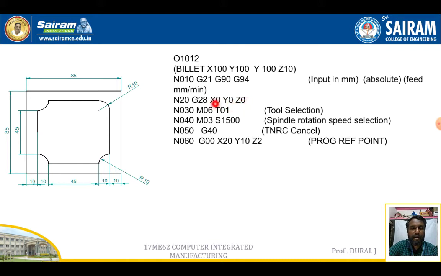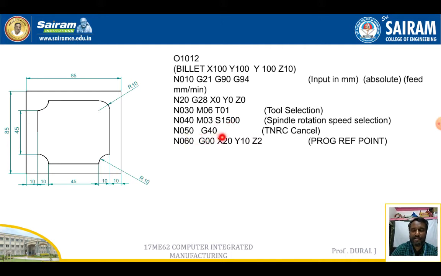That means here all the three axes we are using, so X0, Y0, Z0, and N30, M06, T01. So the tool selection. Here the syntax is only 01, but if you are seeing the lathe operation, 0101 comes, but here only T01. So like that, a small variation takes place between the lathe and milling operation. Then the next one, M03, spindle rotation 1500 rpm.